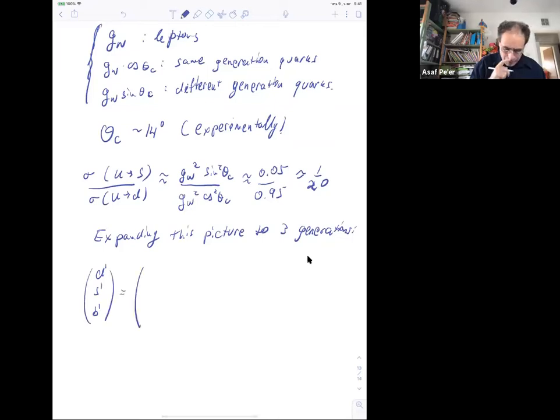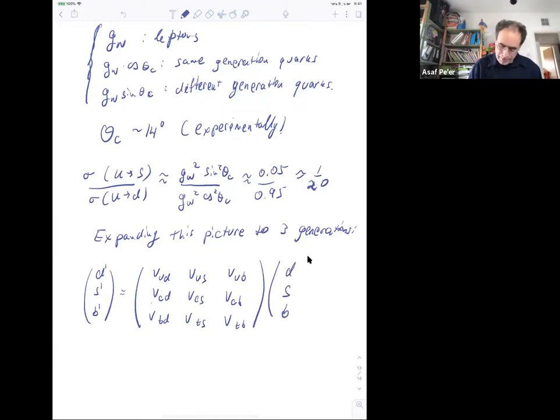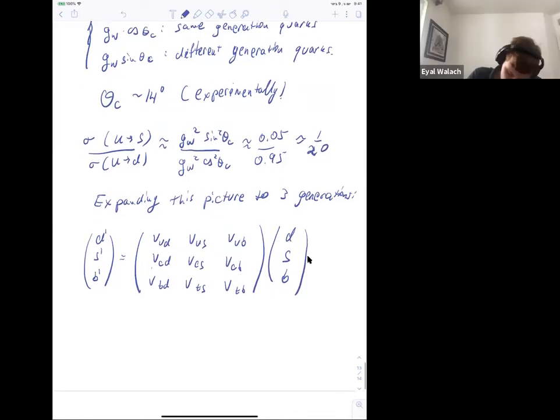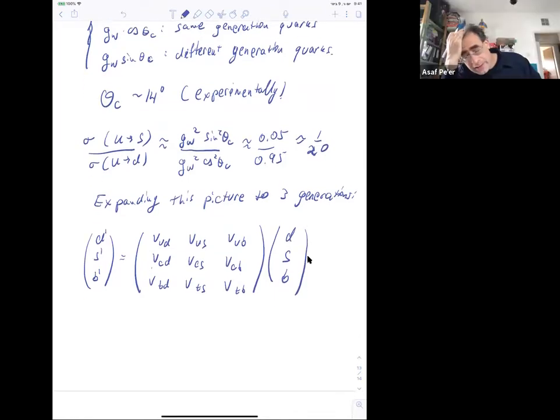You can write this as a set of numbers: V_ud, V_cd, V_td, V_us, V_cs, V_ts, V_ub, V_cb, V_tb, acting on D, S, and B. That's known as the Cabibbo-Kobayashi-Maskawa, the CKM matrix.